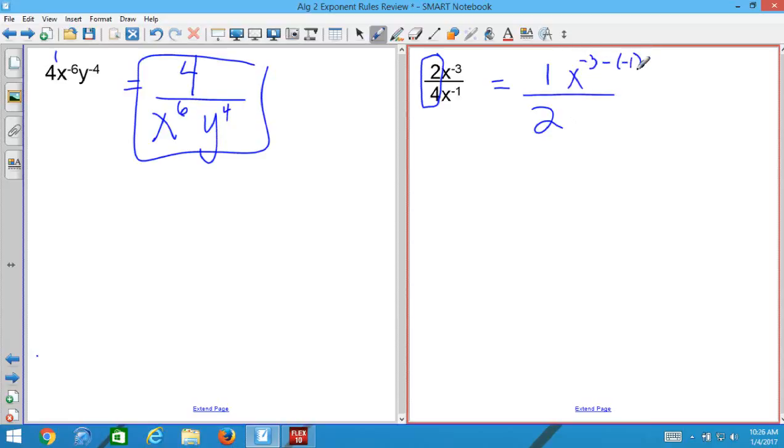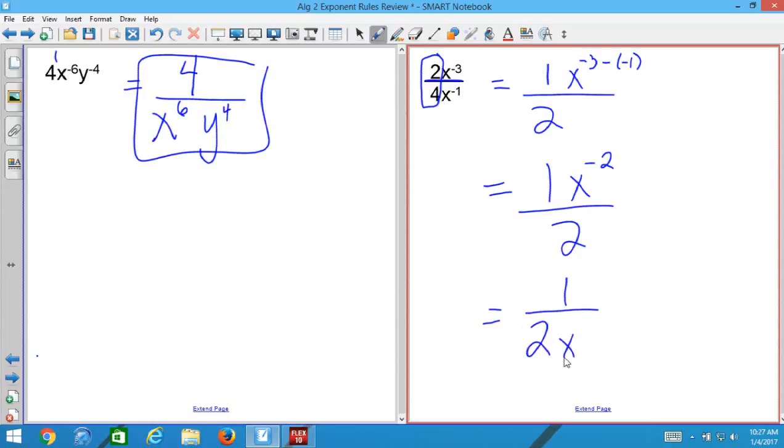Why am I subtracting? Because of the division, that means I subtract the exponent. So I'm going to literally subtract that -1. And I'm going to get x to the -2, which I can't leave, so I bring it down the bottom.